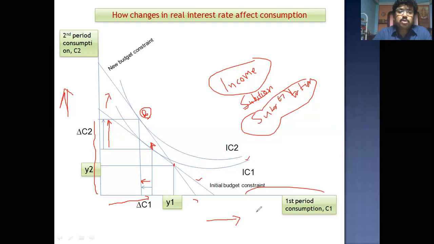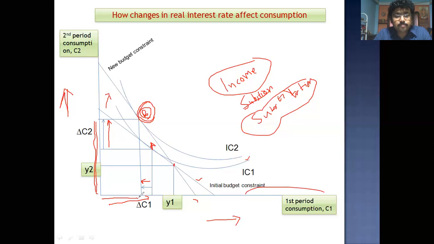Okay, so if there is an increase in the real interest rate, then the equilibrium point will be B, and the consumer will consume this much amount of second period consumption and this much amount of first period consumption.